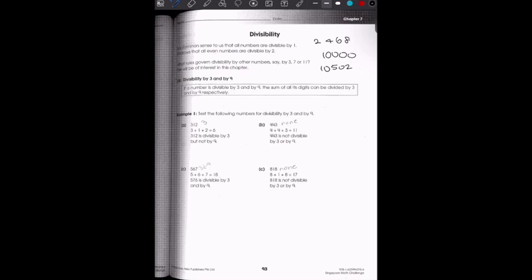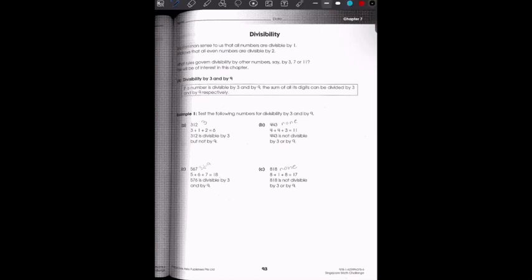If they're even numbers, all are divisible by 2, and we can recognize that these are even numbers because the last digit in the ones place is always going to be an even number like 0, 2, 4, 6, or 8.